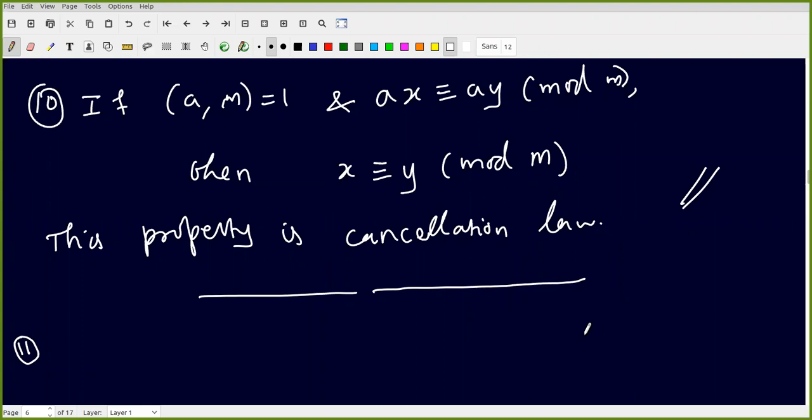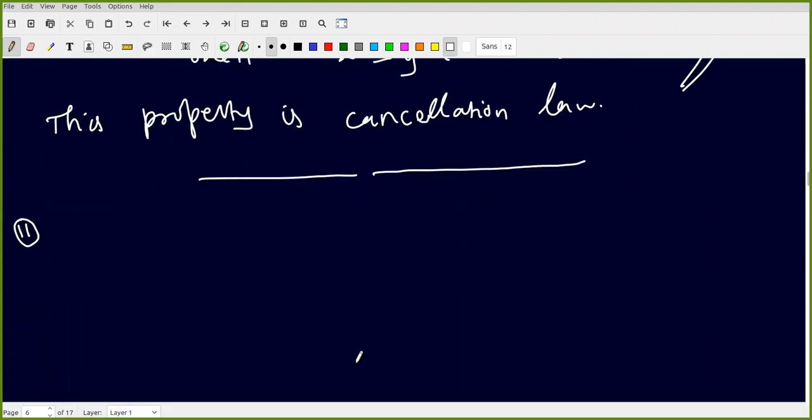Let us continue discussing congruences and its properties. 11th property. Let us take M1, M2, etc., Mr be the moduli.